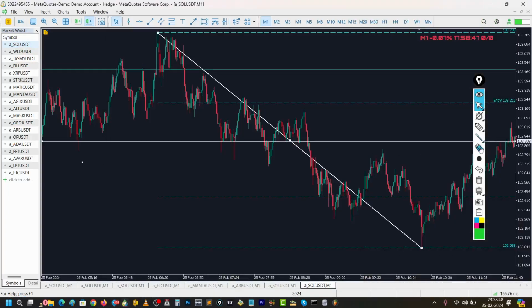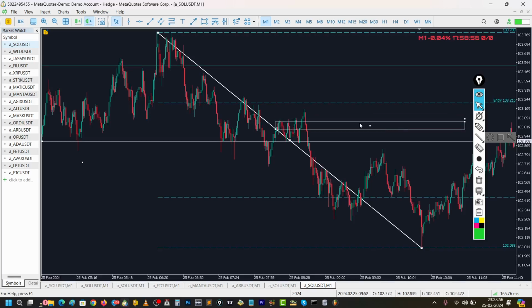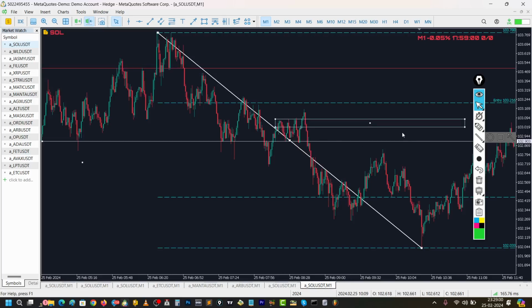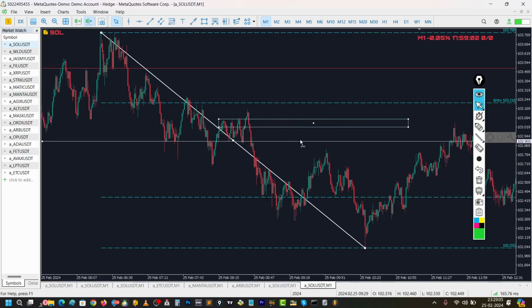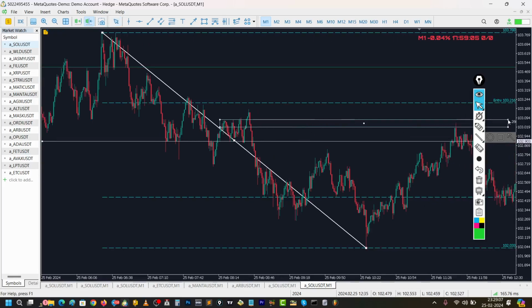Okay, so in this condition, this is a liquidity area. Here you can see clearly, because there were multiple touches here, and this area is liquidity. And in this case, let's see what happened when price comes in this zone, and this is above 50%.